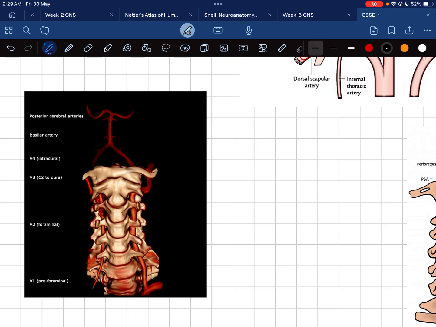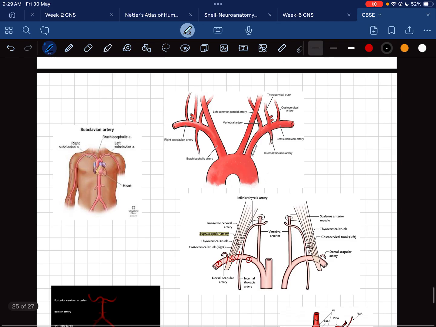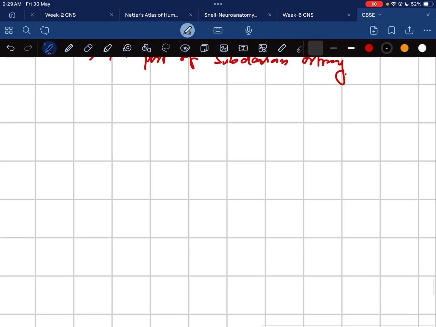So I am going to write the branches. It is divided into cervical branches and cranial branches.